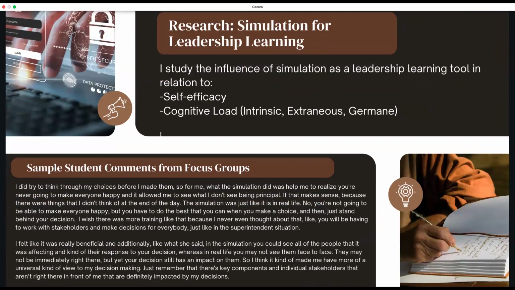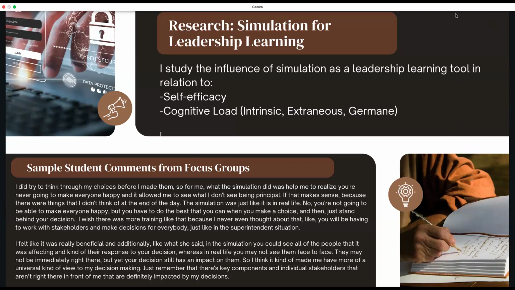So to kind of wrap up on just the connection pieces for me before we jump over into engaging in the sim together is, like I mentioned, I do utilize the virtual simulation, specifically school sims, for my research. And so what I look at in this strand of my research is the influence of simulation as a leadership learning tool in relation to, like I said, self-efficacy. And I also look at cognitive load.